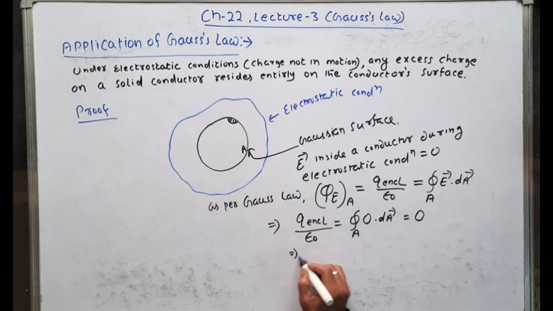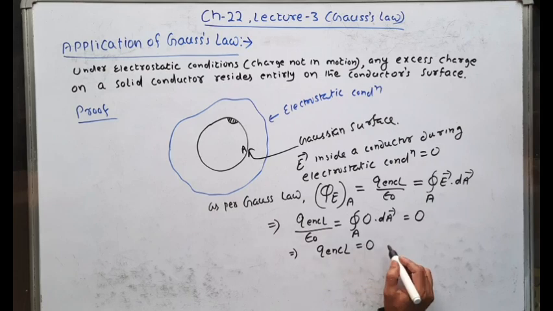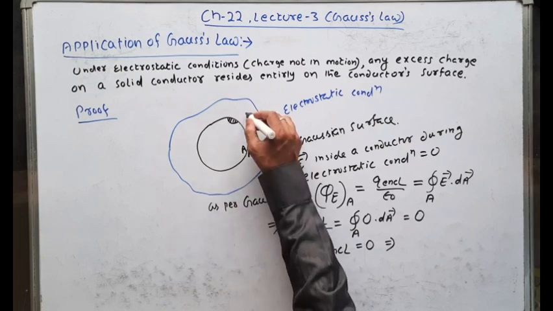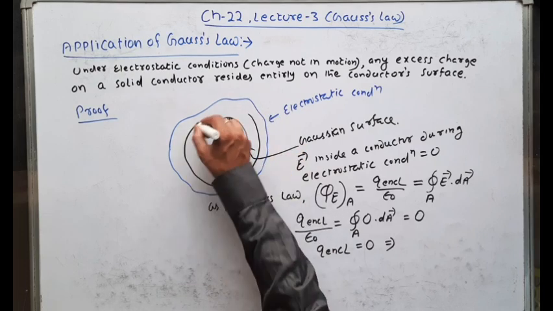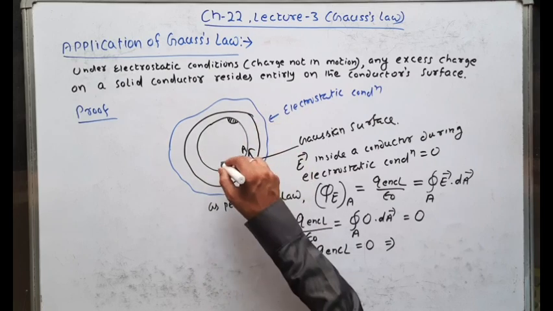So the charge enclosed by the Gaussian surface A is equal to 0. That means within the sphere there is no charge. If I take another sphere, again the charge enclosed by this Gaussian sphere will be 0.